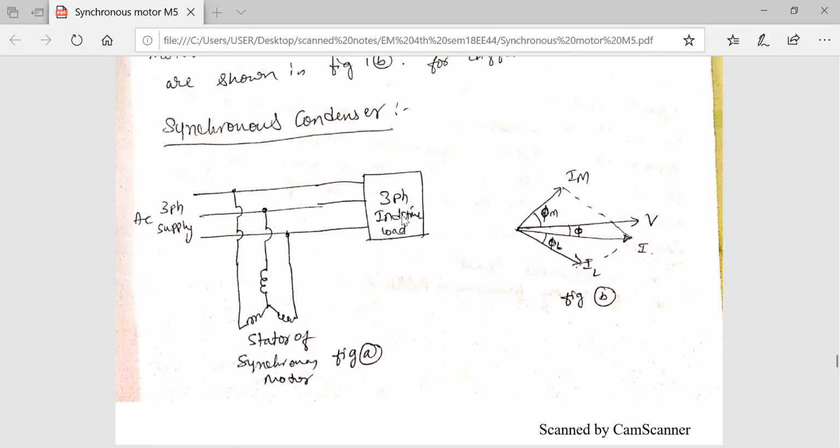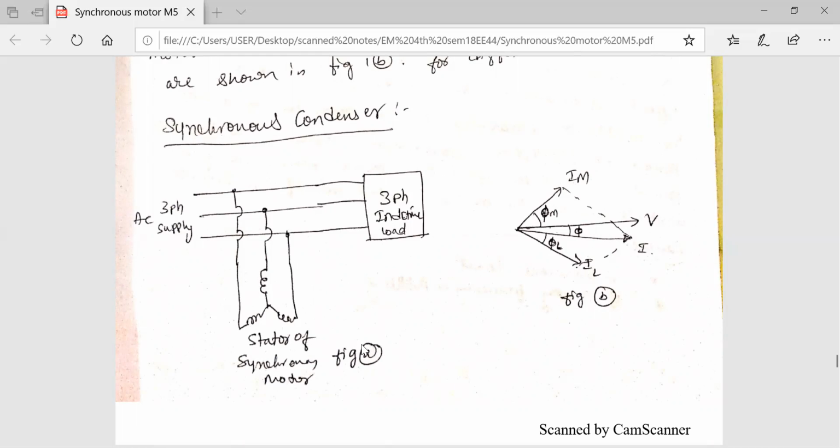The induction motor is lagging in nature. The power factor is always lagging in an induction motor, and that can be compensated by means of the synchronous condenser. So the improvement in the power factor can be achieved by means of the synchronous condenser.